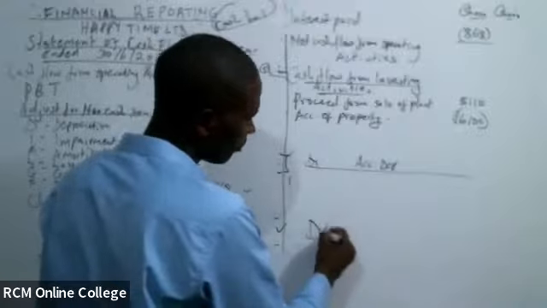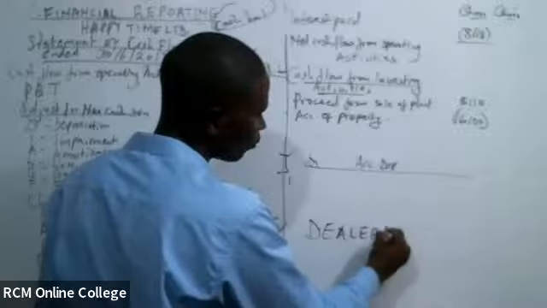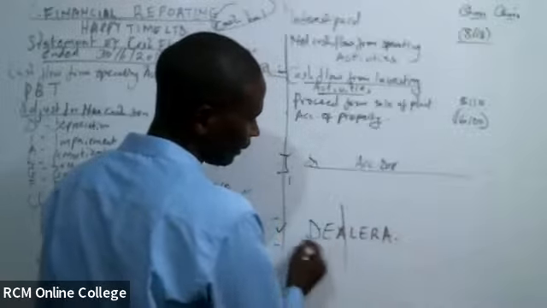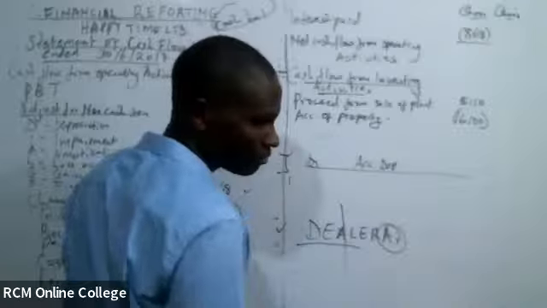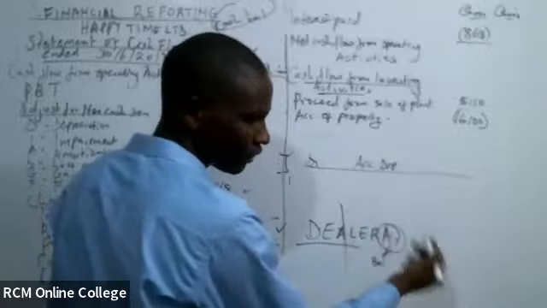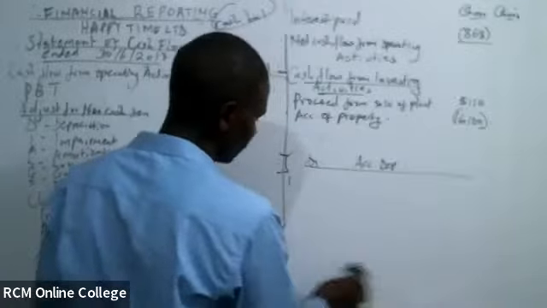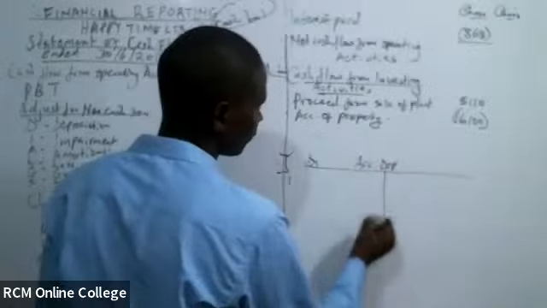So remember dealer A; I want to remind you every time because it will save you. A is accumulated depreciation, meaning that the balance brought down is credited. It has a credit balance.